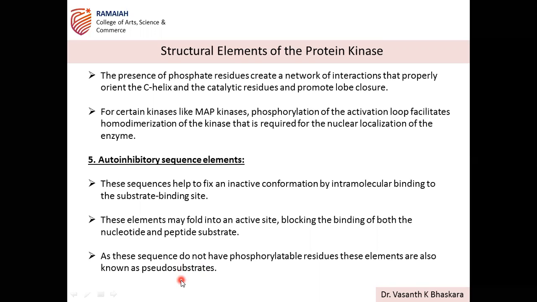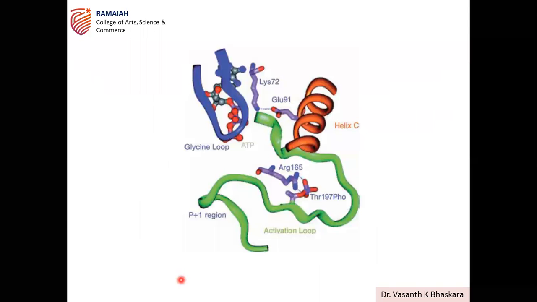Negative regulation of the protein kinase is known as pseudo-substrate. So this is what we have discussed now. This is the C helix, which has the regulatory role, the glycine loop or P loop, as we discussed. And this is in the smaller lobe of the protein kinase, where ATP binding is taking place.